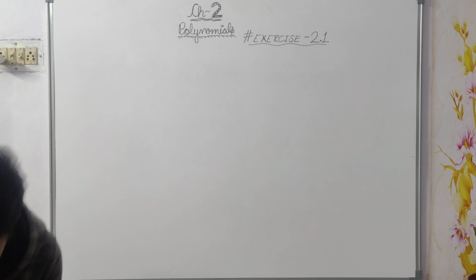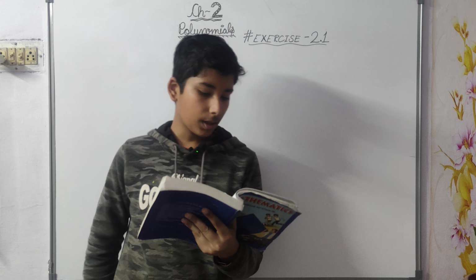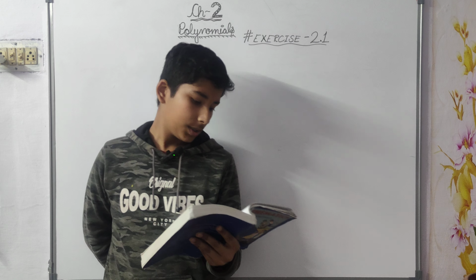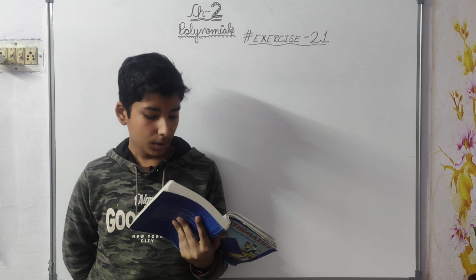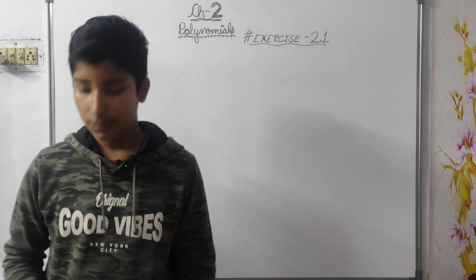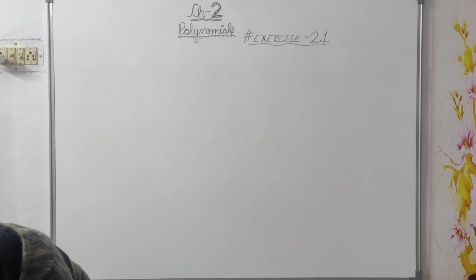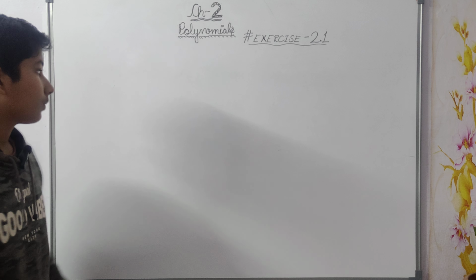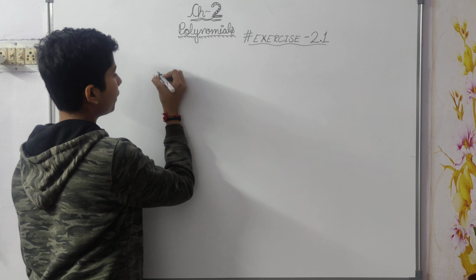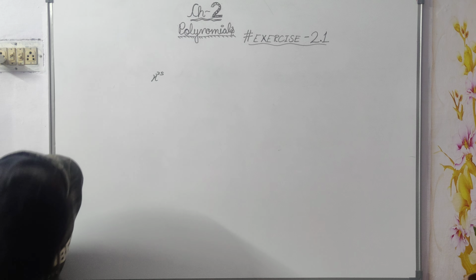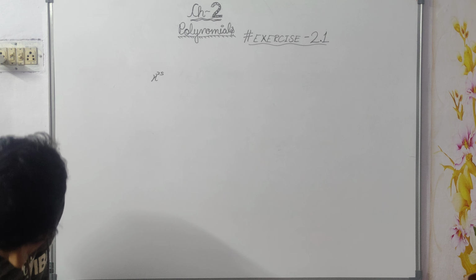Now, the next question. It is saying to give one example each of a binomial of degree 35 and a monomial of degree 100. So, let me tell you. We can write it as x to the power 35 minus 1, a binomial of degree 35.